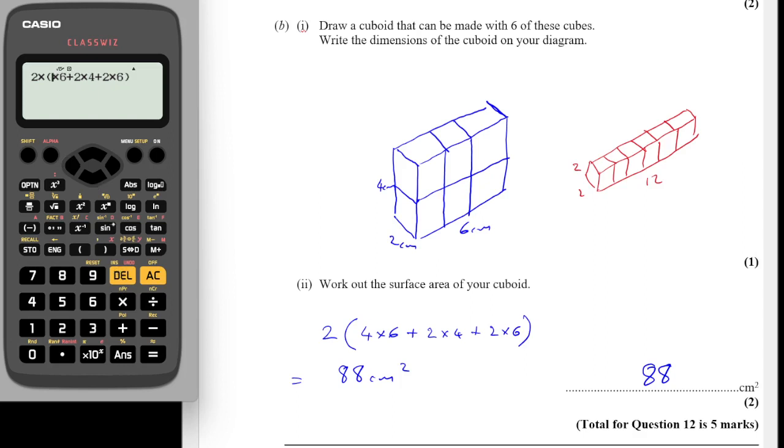surface area of 1 times by 8 times by 12, 1 times by 12 again. So let's just change that to 12, plus 1 by 1. So we could have had, I've done something wrong there.